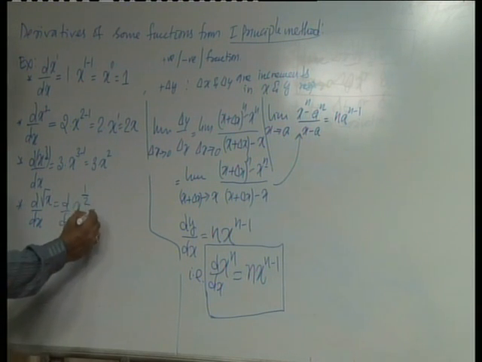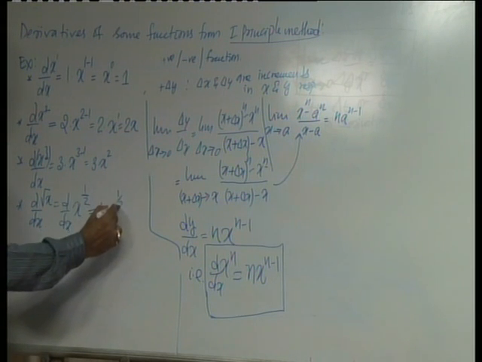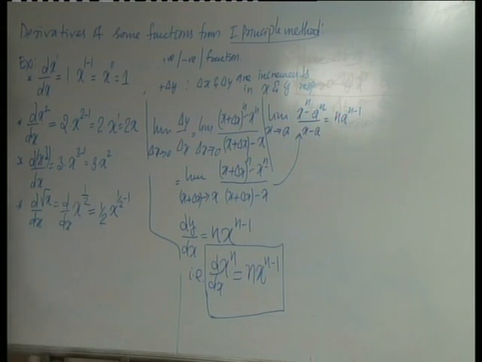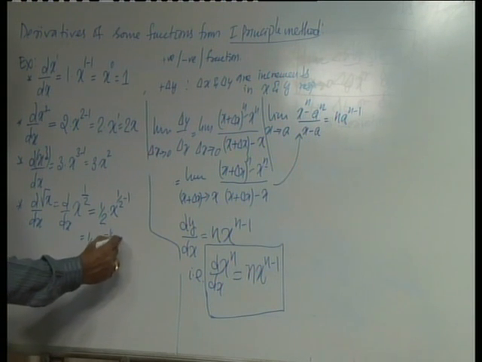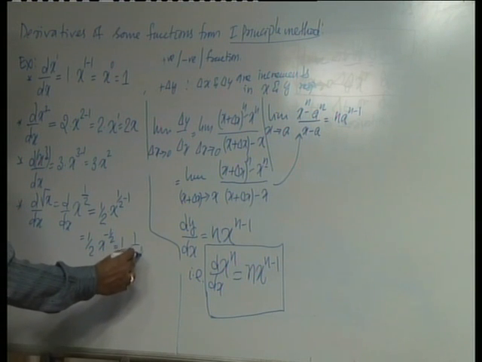You write according to the formula, n into x to the power of n minus 1, half into x to the power of half minus 1. Half minus 1 is what? Minus half, right. So 1 by 2 into x to the power of minus half. Otherwise, you can also take it like this, 1 divided by x to the power of plus half.